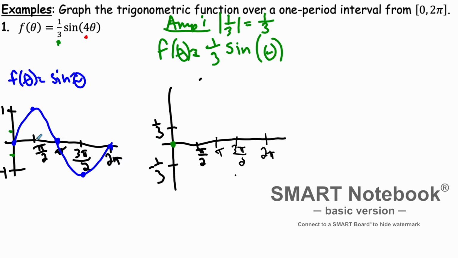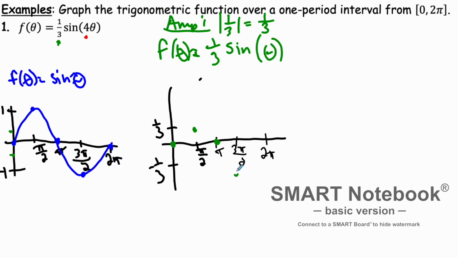Next up, this point at pi over 2, it was at 1. Now, multiply by 1/3, it's going to get moved down to 1/3. Next up, the point at pi was at 0. So 0 times 1/3 is, you guessed it, 0. Next up, 3 pi over 2 was at -1. What's -1 times 1/3?